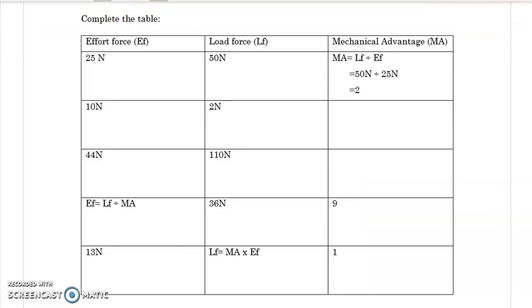So taking a look at a few quick questions, given effort force and load force. The way it's written on your formula sheet is the force on the load divided by the force effort. You can actually just bring this into that kind of triangle that we've discussed, where this will be the load, this is the effort, and you're looking for one of these things to set it up.